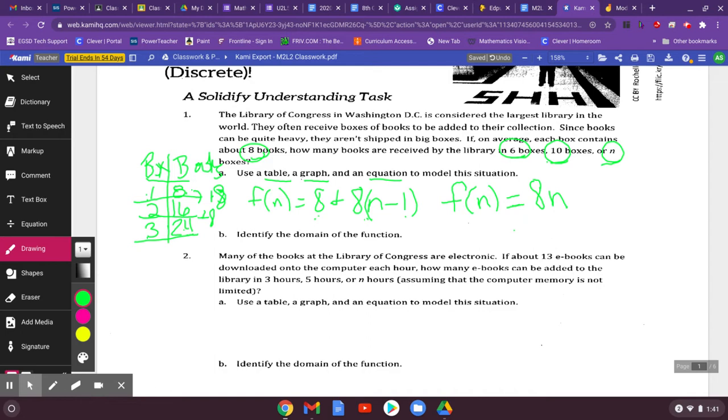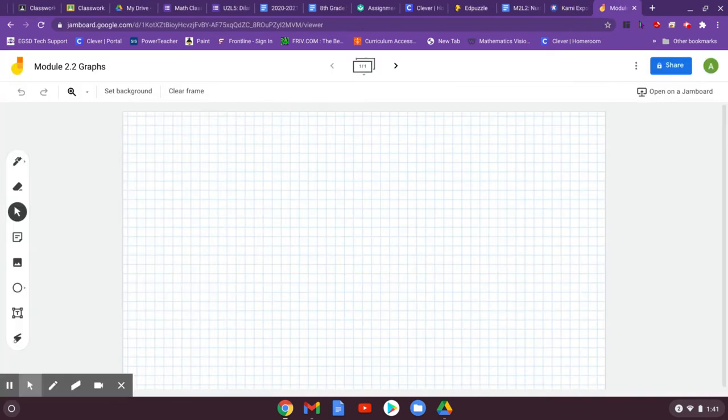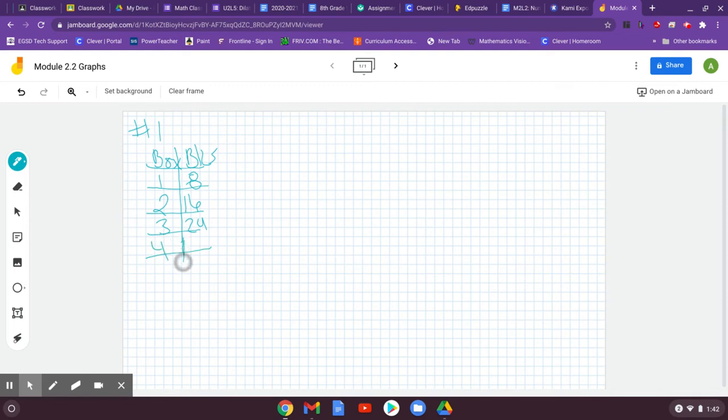So I'm going to jump over to our graph. Let me get a pen going here. This one is number 1. So we had our graph of boxes and books. 1, 8, 2, 16, 3, 24, 4, 32.